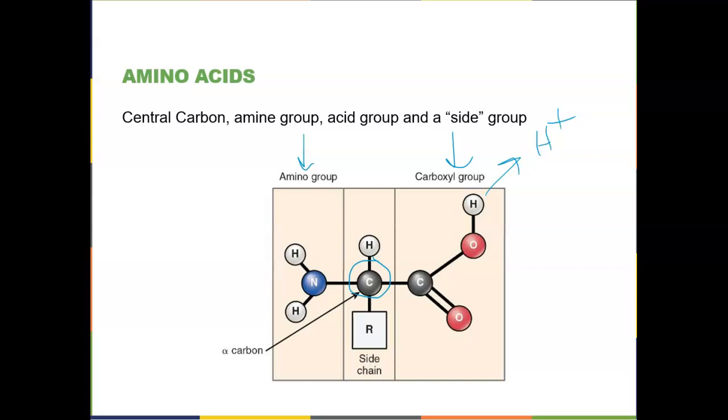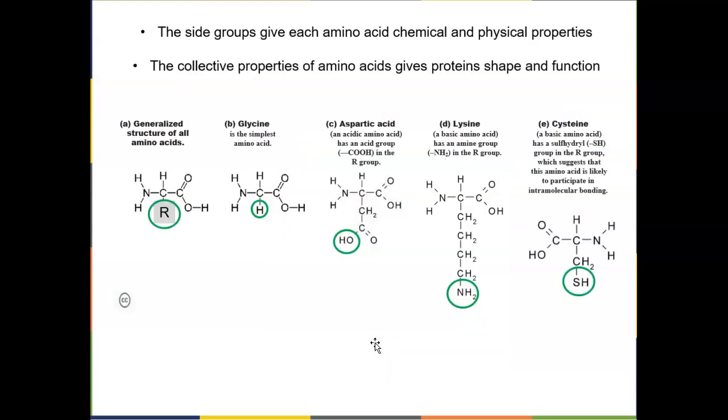And then what makes each amino acid different is what we call the R group. The fourth constituent or substituent, the fourth thing that is connected to the carbon. So they're all going to have the amino, the carboxylic acid, and a hydrogen. Then the fourth bond partner is what makes each amino acid different.